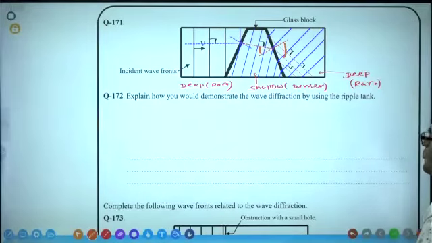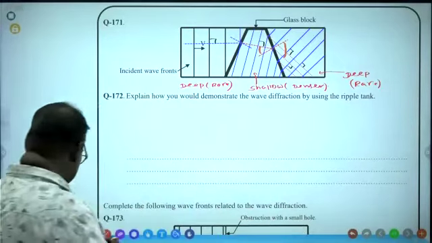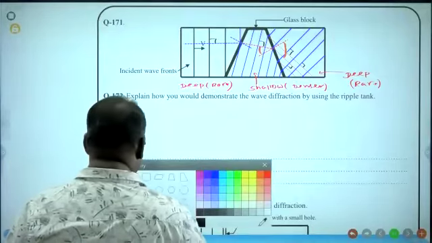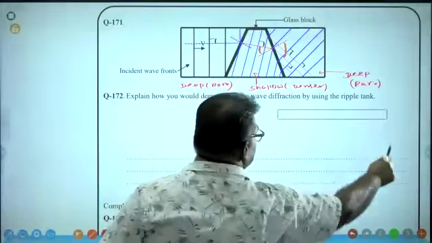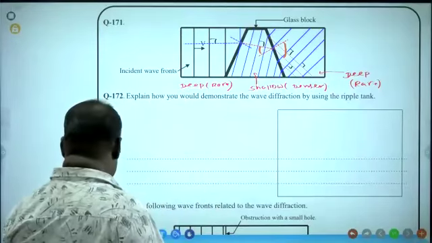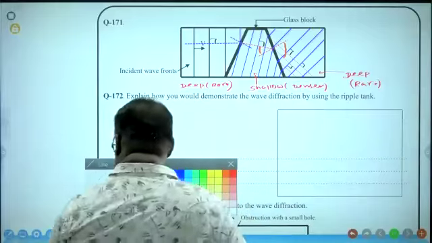Explain how you would demonstrate the wave diffraction by using a ripple tank. Right. Okay. Can we copy the diagram like this? Demonstration of the diffraction. Keeping an obstruction with the holes, no?